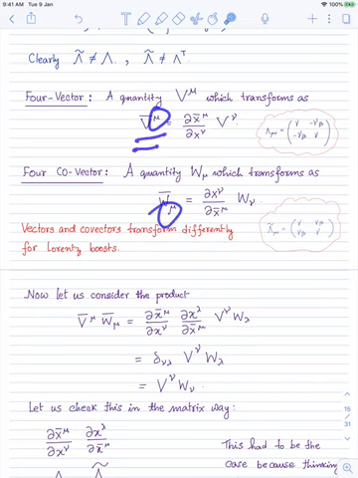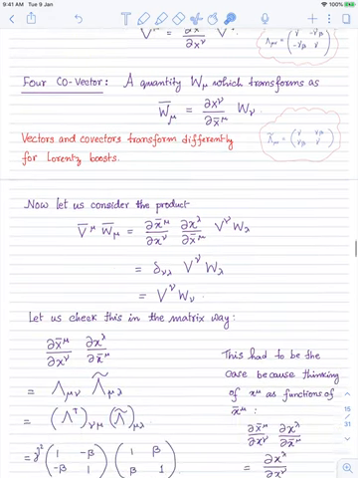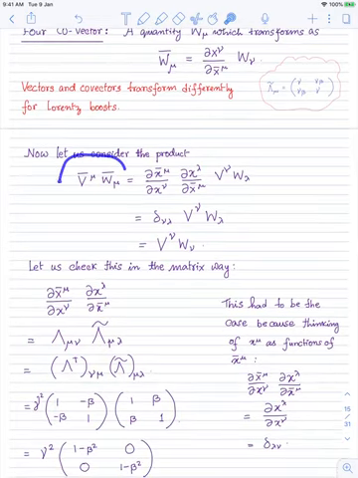So for vectors, I'll write the index on top, that's an upper index, and for covectors, I'll write the index below, that's a lower index. Very good. So I have a vector and a covector. Now let's look at this product here. Again, Einstein convention applied, so there's a sum over mu, and mu goes from 0, 1, 2, 3 in general.